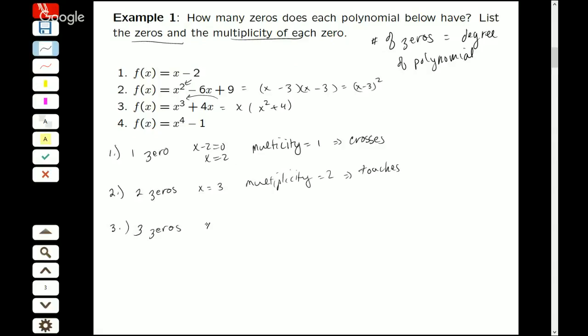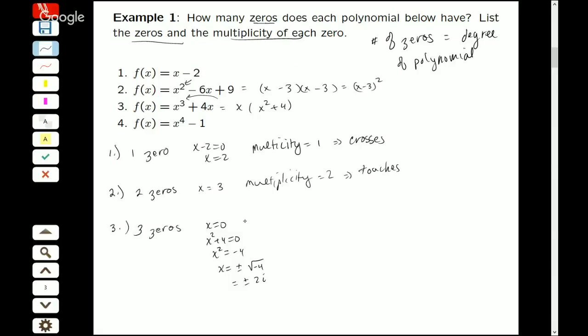So that means I have x equals 0. Notice it didn't say real zeros, so I'm going to give the complex zeros. And we have x squared plus 4 equals 0. If I solve that, I have x squared equals negative 4, or x is equal to plus or minus the square root of negative 4, which is what? Plus or minus 2i.